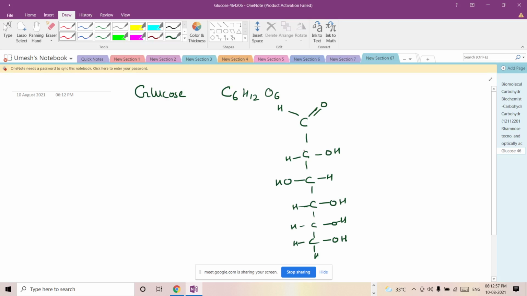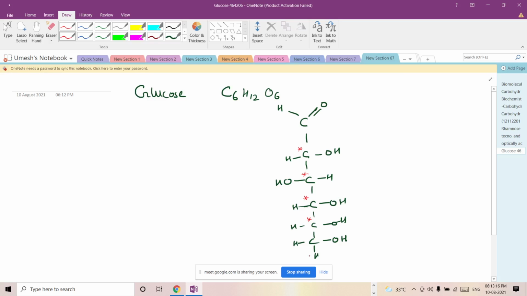You can see this is a chiral carbon atom. There are four chiral carbon atoms. Chiral carbon atom means one bonded to four different atoms or groups of atoms.